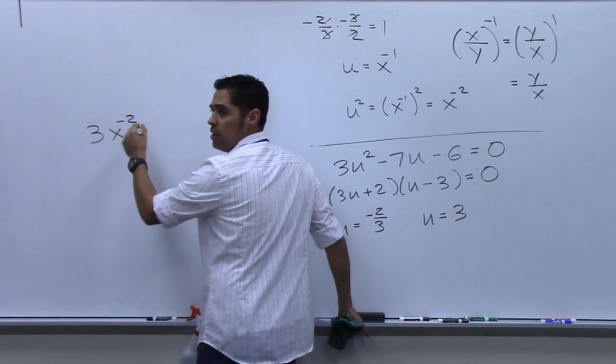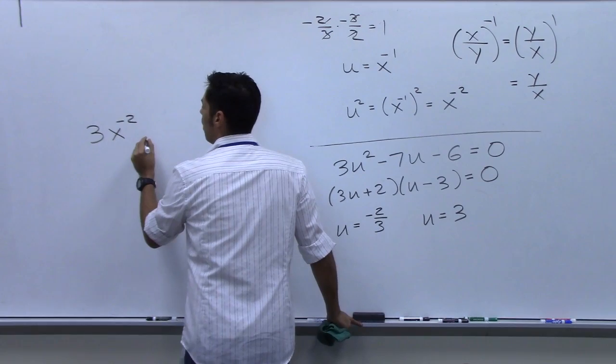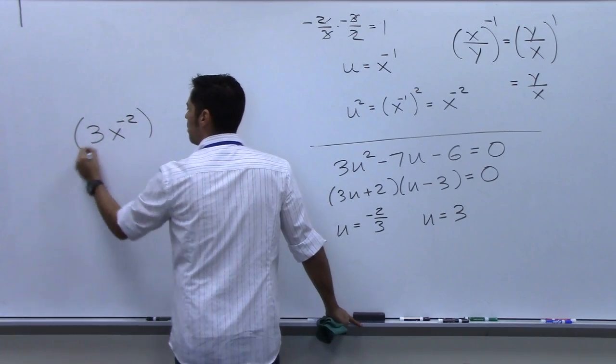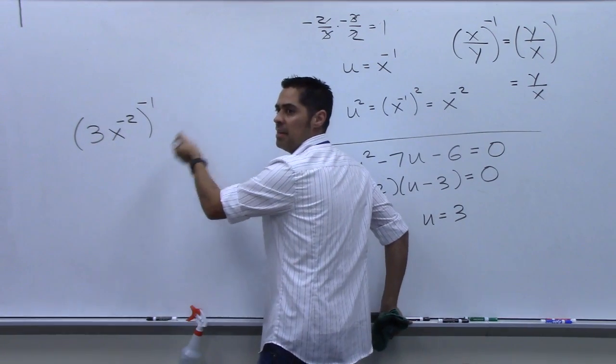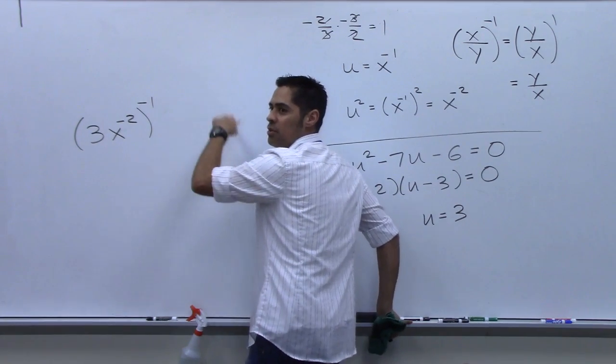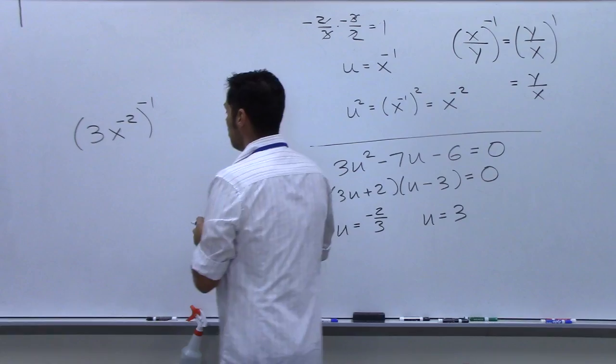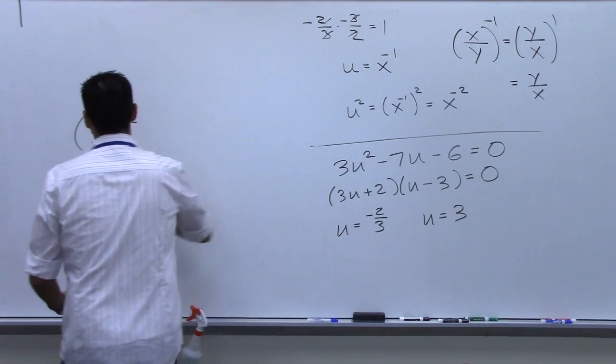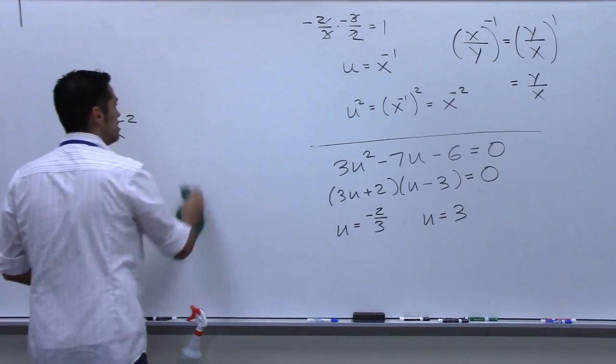Like raise it to the negative 1? You could not. And the reason why is because you would have to raise this entire side to the negative 1 and then the entire other side to the negative 1. You couldn't do each one individually to the negative 1. What you could do is this, though. This would be another path leading to the same answer.